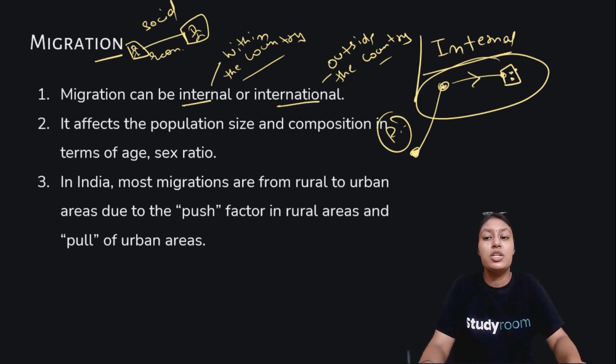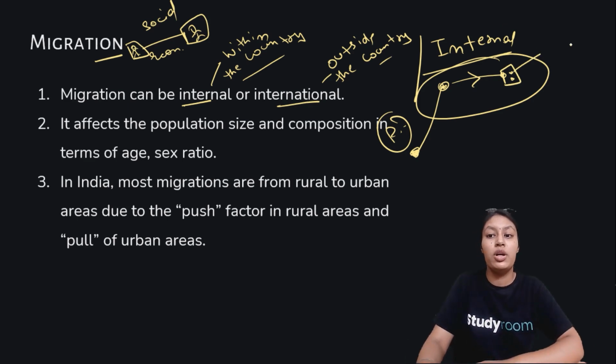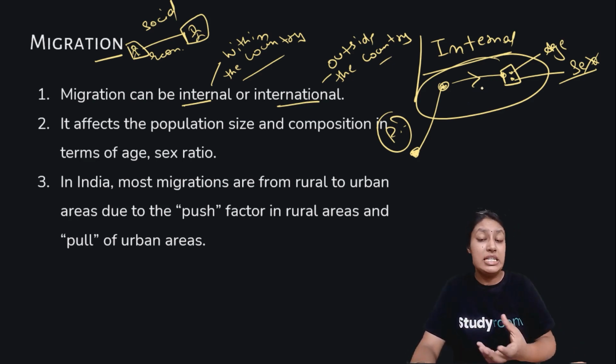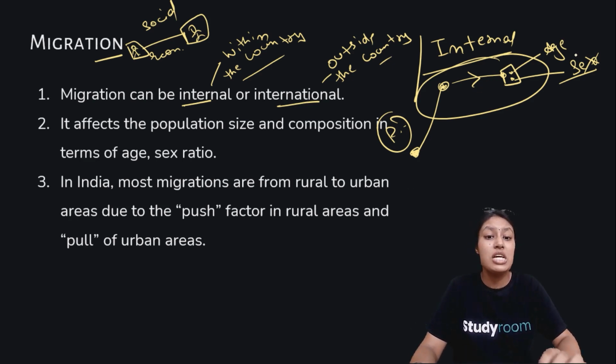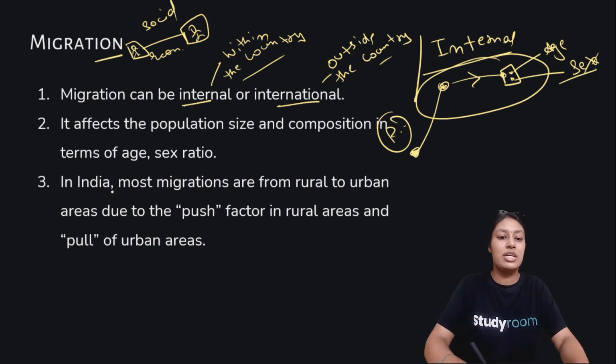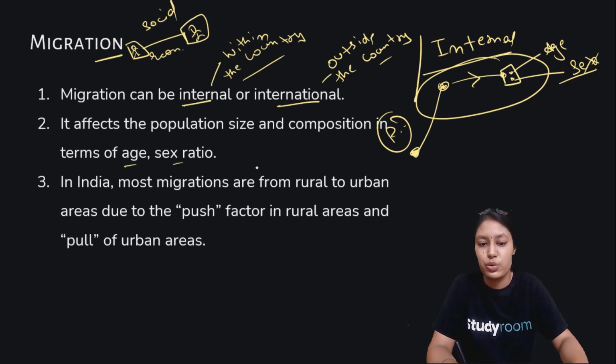Composition is basically what kind of people are living, what age group people are in, and what is the sex of the people, whether they're male or female. So when you migrate, even if it's internal or international, the changes in population size happen only if it's international. But other than that, compositional changes will be there, for example in terms of age and sex ratio.